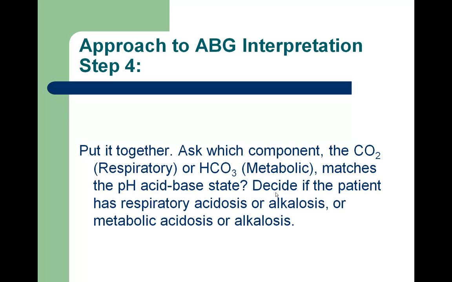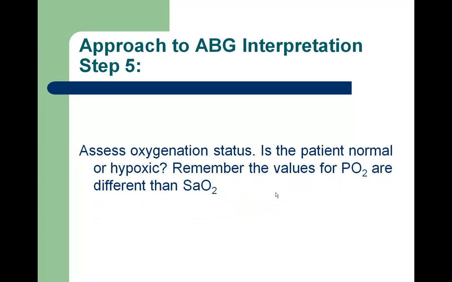Does it match the pH acid-base state? And then decide if the patient has respiratory acidosis, alkalosis, or metabolic acidosis or alkalosis. Assess oxygenation status, if the patient's normal or hypoxic. Then remember the values for PO2 and SaO2 are different; SaO2 is the oxygen saturation you're going to get from a pulse ox.